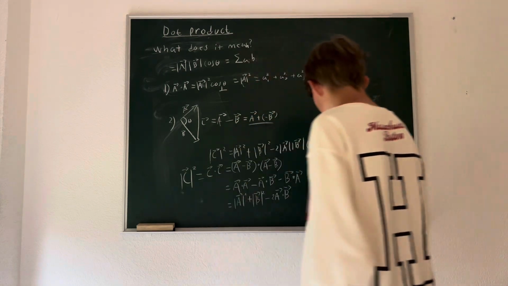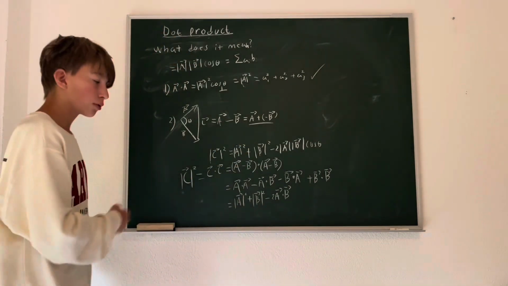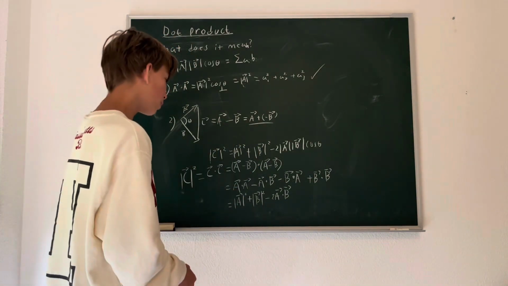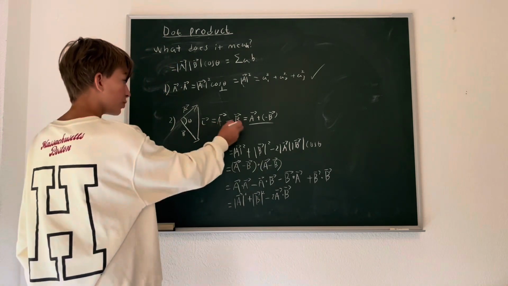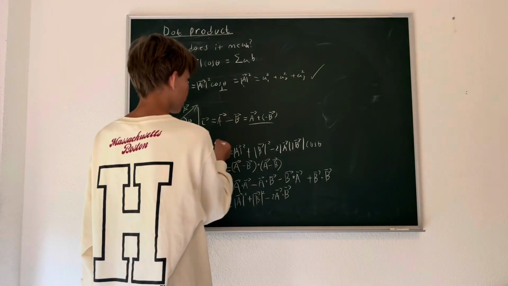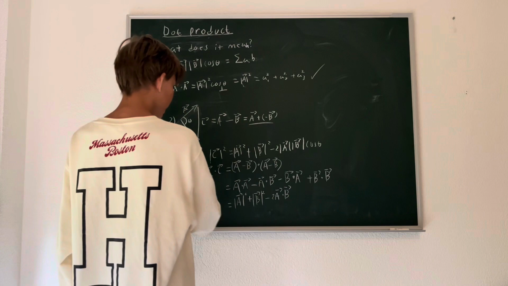So what I did first, as you can see here, I've written down the previous law of cosines. As we see from here, C equals the vector A minus vector B, and we can square this.